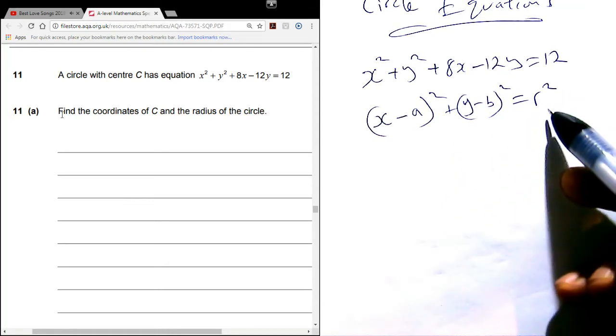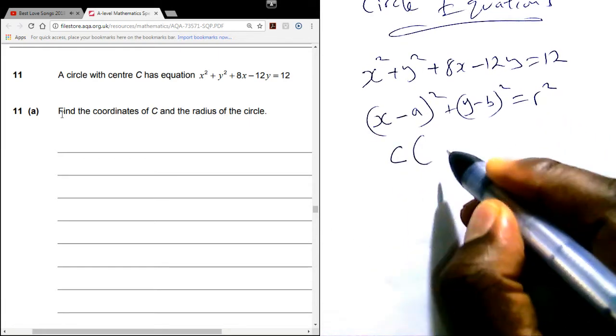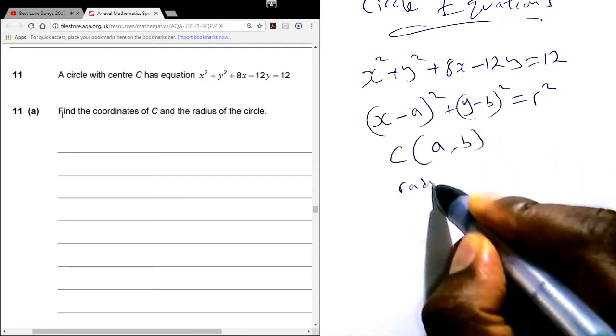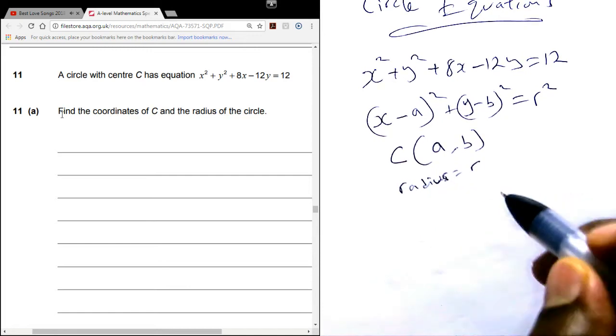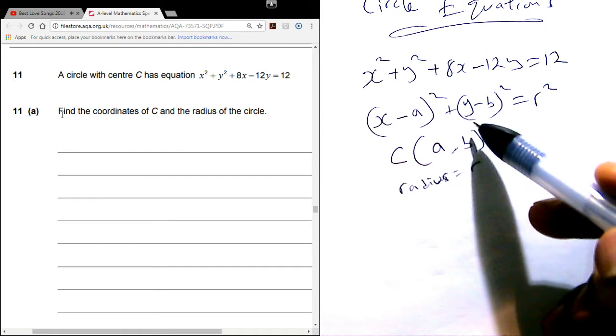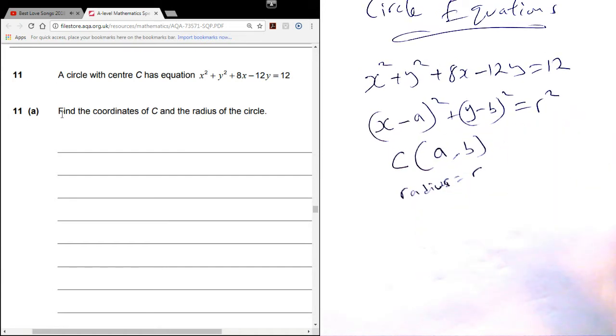If this is written in this form, then we can simply say that the center has coordinates a, b, and the radius is just equal to r. But unfortunately, it hasn't been written in that form, so that means they want us to write it in this form, so we can tell them what the center coordinates are and the radius. So shall we therefore do it?